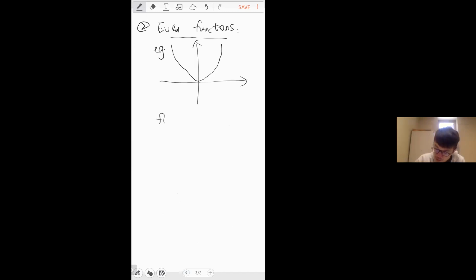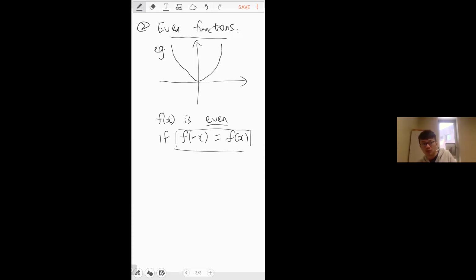And the formal definition is, we say that f of x is even if when you plug in negative x, it doesn't change the function value. So f of -1 is the same as f of 1, f of -5 is the same as f of 5, and so on and so forth. Is it okay?